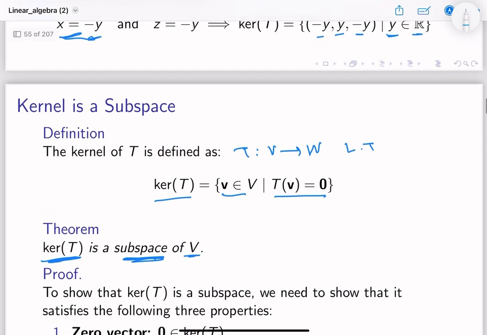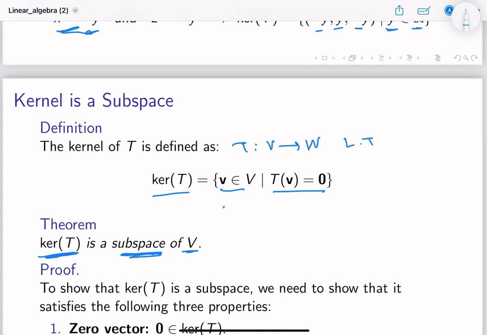I remind you, a subspace is just a vector space that is a subset of a bigger vector space. However, we've shown in a previous video that it's easier to verify some other criterion. Let me remind you of the definition of subspaces. Let V be a vector space.